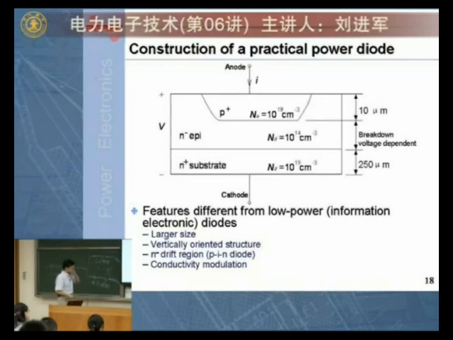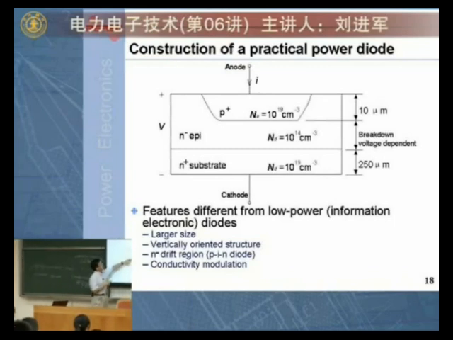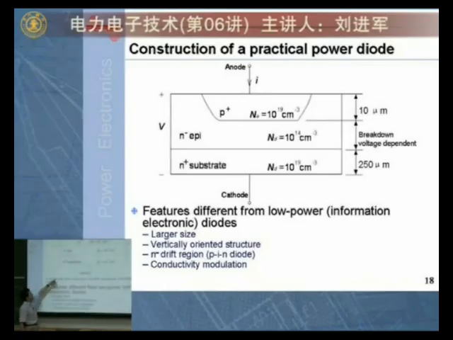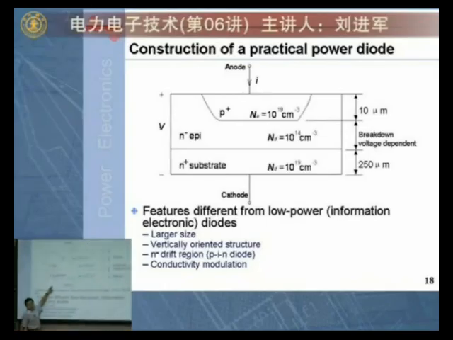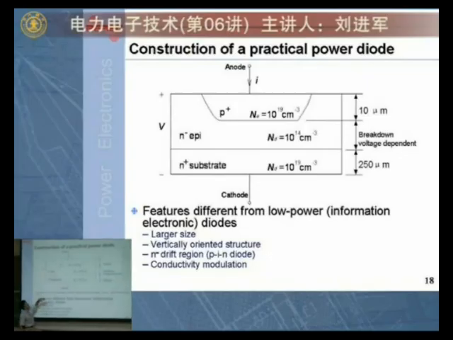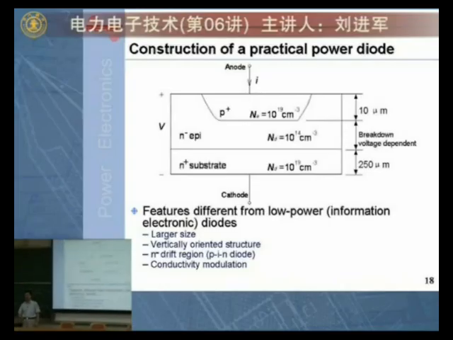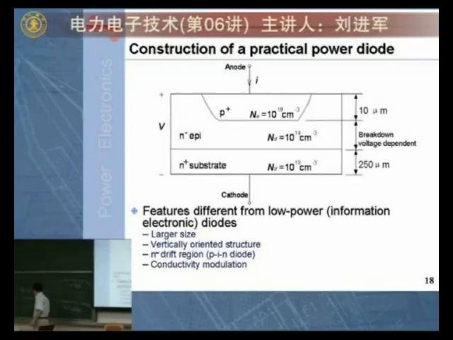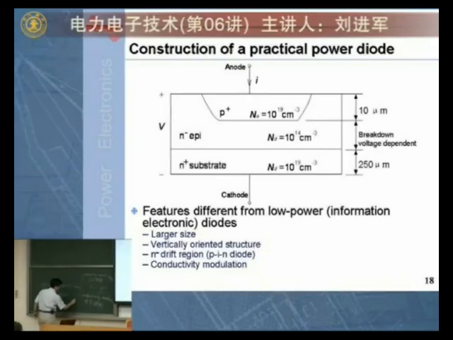And therefore, a lot of free electrons in the N region will be pushed into the N minus region. Okay? Similarly, there will be a lot of holes in the P plus region. P plus, N plus, that plus side here.